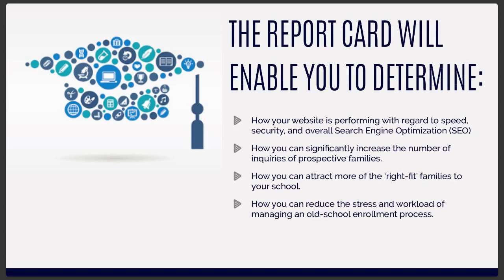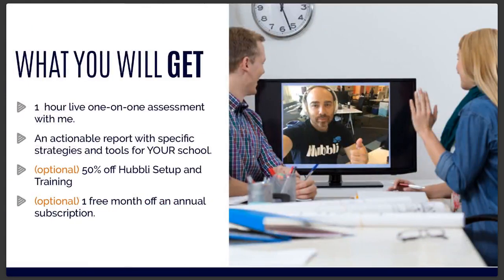We're going to help you understand if search engine optimization is even addressable for your school, how you can significantly increase the number of inquiries of prospective families coming in, how you can attract more of the right fit families for your school, using the language and understanding how to speak Montessori values to people looking for it but don't necessarily know they're looking for a Montessori school, and how you can reduce the stress and the workload of managing an old school enrollment process, which can be incredibly time consuming.